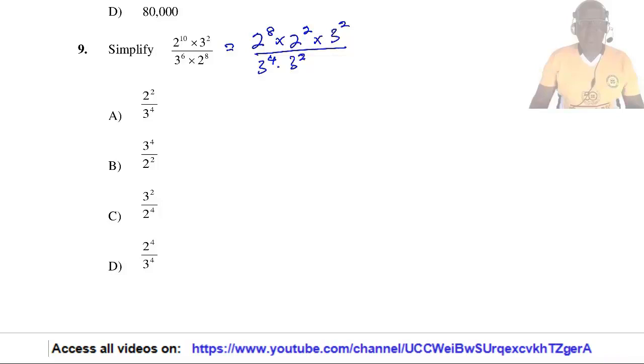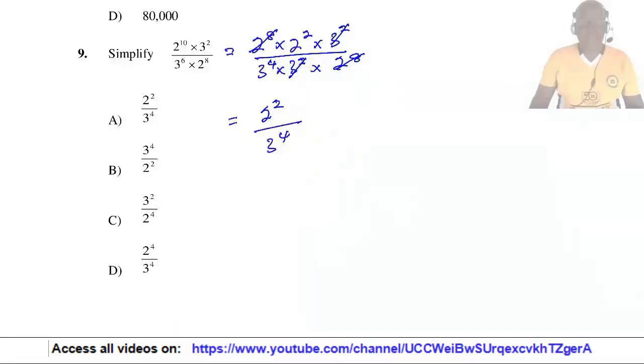When we add up the indices, we get 6, times 2 raised to the power 8. 2 raised to the power 8 will cancel 2 raised to the power 8. 3 squared will cancel 3 squared. So we shall be left with 2 squared divided by 3 raised to the power 4. So the answer is A.